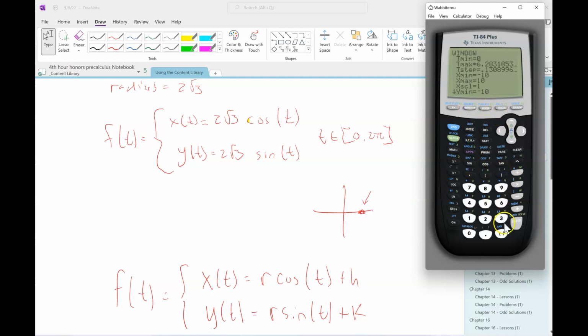And it says we want to graph this from -2 pi to +2 pi. So I'm going to go to my window and change my t-min, and then I think we're just ready to hit graph and see what we get here.